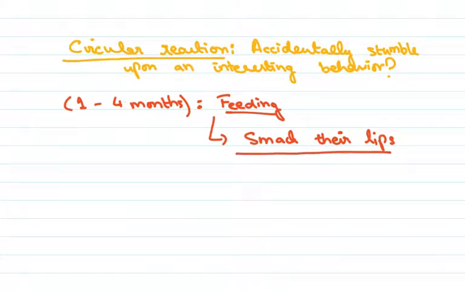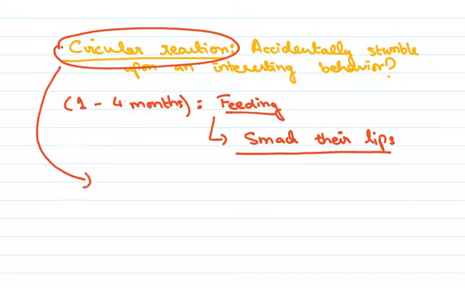Now, this sound seems very interesting to them, in the sense that they're intrigued by this new sound that they've made. This is something new to them, and they have discovered it by chance, right? What a child usually does, and why this is called a circular reaction, is try repeating this again and again.